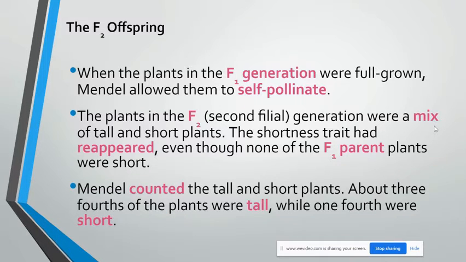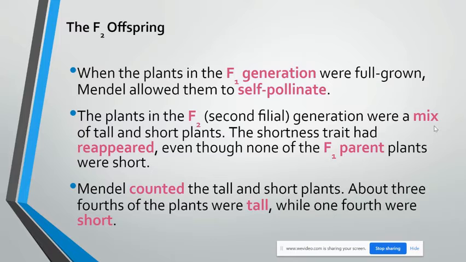So then the F1 generation, or that first generation of offspring, he again allowed those to self-pollinate. And then the F2, or what they say is the second filial generation, they were a mix of tall and short plants.